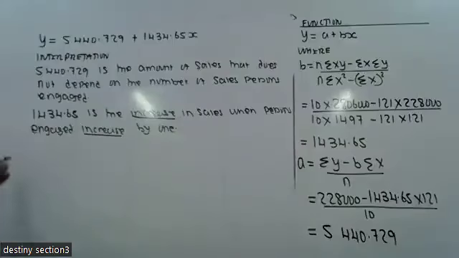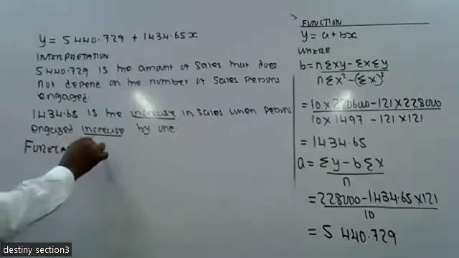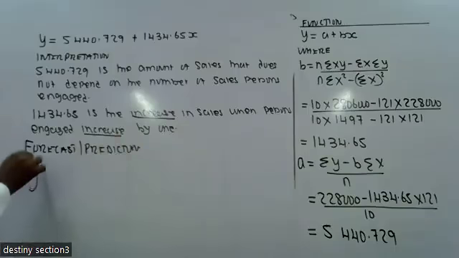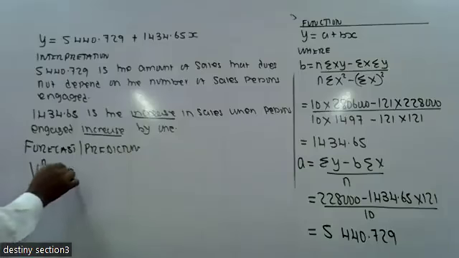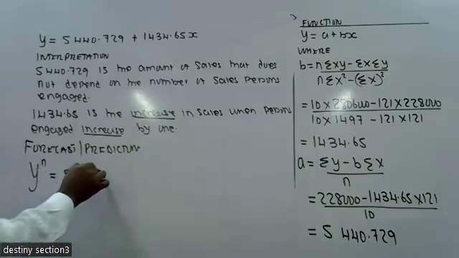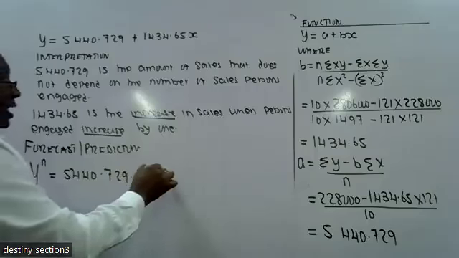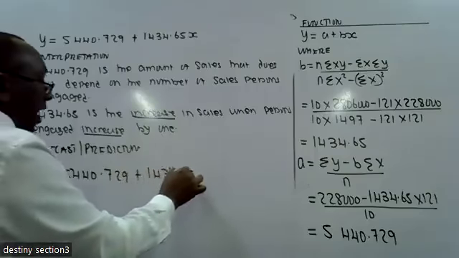Now if you are asked to find a forecast or prediction, we normally use this equation and we write it as y raised to power n. You should remember this when you are in time series, y predicted. So writing it this way means y predicted is 5440.729 plus 1434.65.